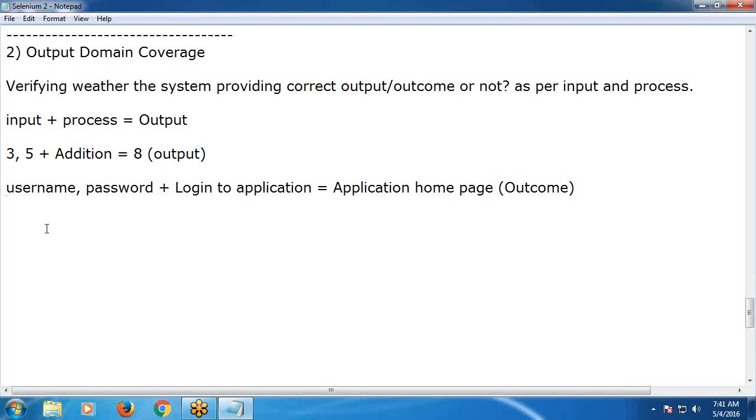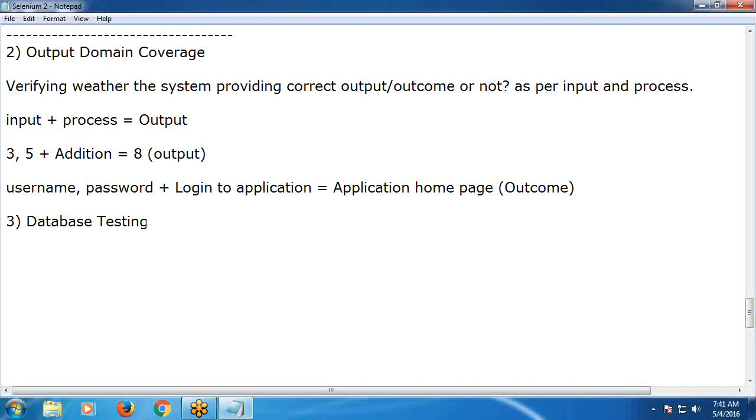Okay. Next, one important area, database testing. Say, database testing is also an independent topic. Why?